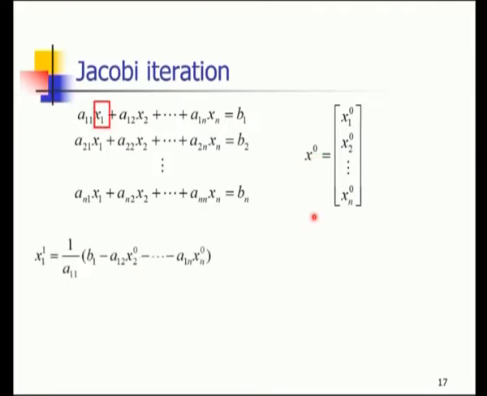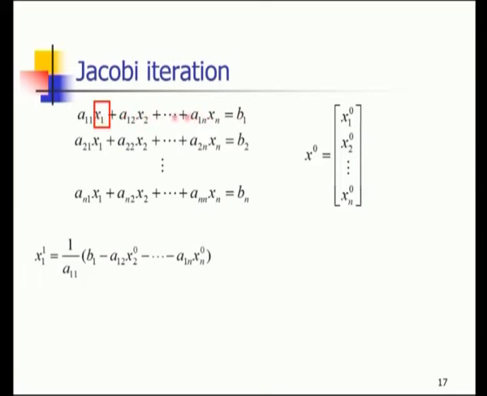The idea of Jacobi iteration is solving the ith equation for the ith variable. For example, consider the first equation and solve for the first variable x1. Here x1 at the first iteration, the subscript indicates the variable and the superscript indicates the iteration. Knowing the zeroth initial vector, we compute the first iteration by solving the first equation.